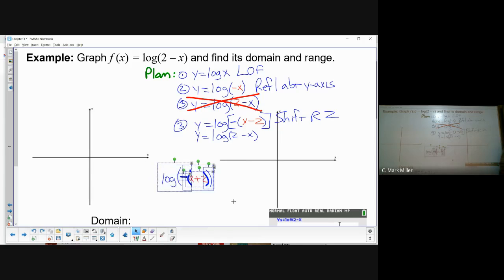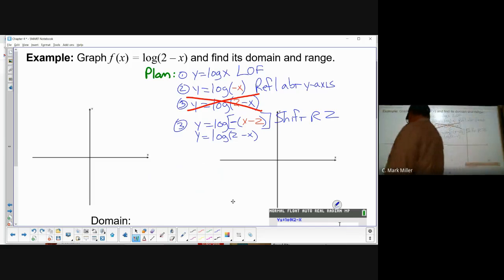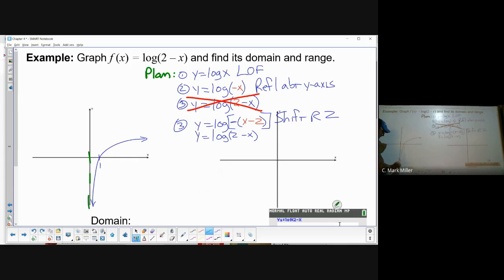Now, let's graph. Number 1, we know at the back of our hand. We know this one bad. Graph 1. Graph 2, reflect. Graph 3, shift right 2.